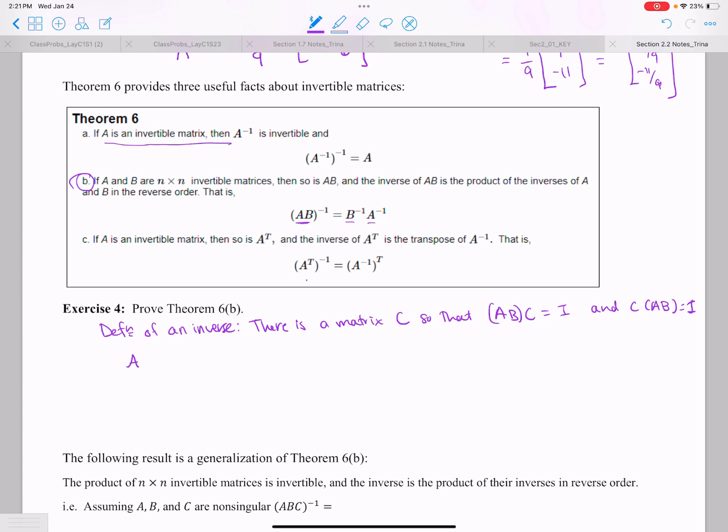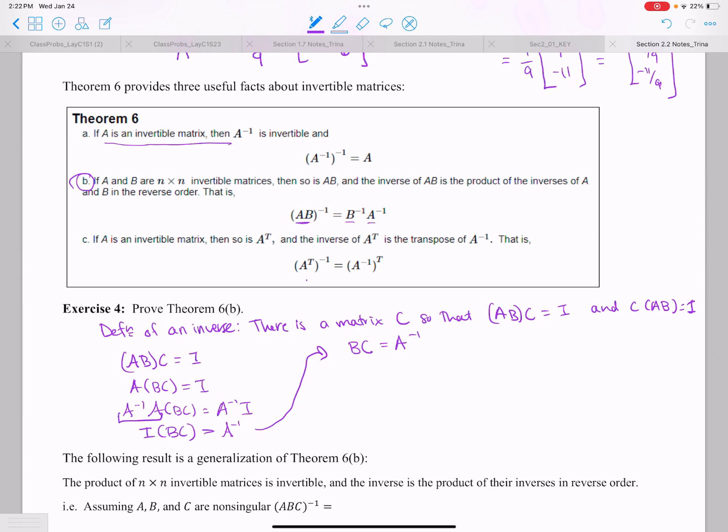So looking at AB times C equals the identity, by the associative property, I can rewrite that as A times BC equals the identity. Then I can apply A inverse on both sides. A inverse A times BC equals A inverse times the identity. The A inverse times A is the identity. On the right side, I have A inverse times I, so that's A inverse. And on the left side, identity times BC is just BC.